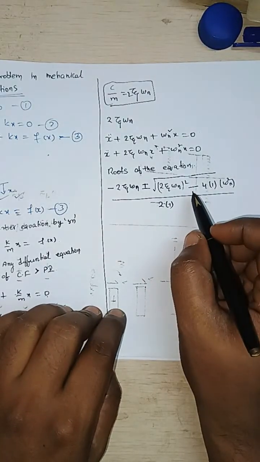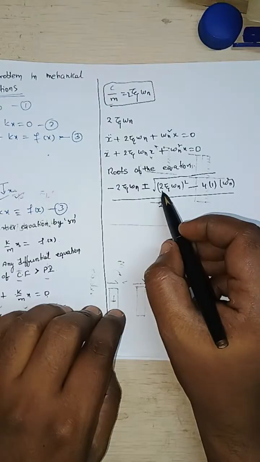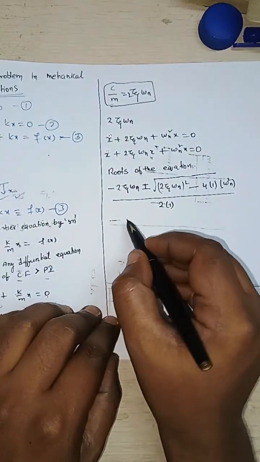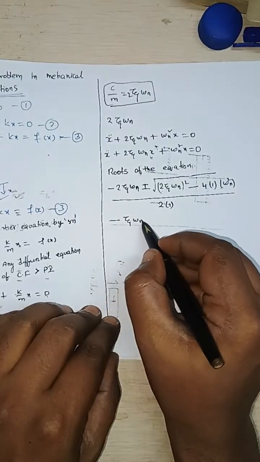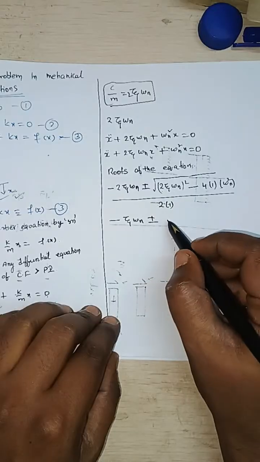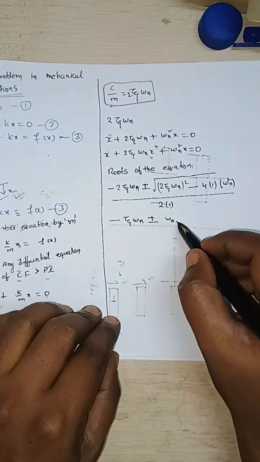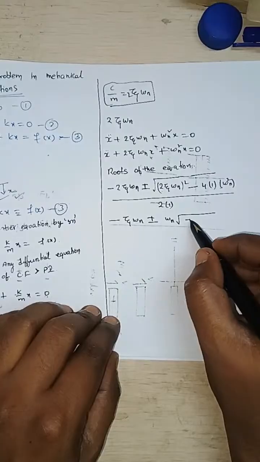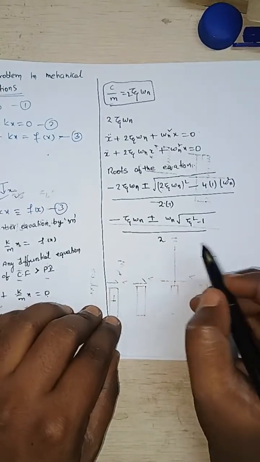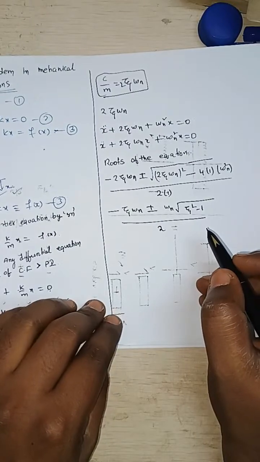As you can see, this 2 is taken out common from all these terms, so it will get cancelled. So zeta omega n plus or minus, and this omega n is also taken out as a constant, all you are left with is square root of zeta square minus 1, divided by 2.